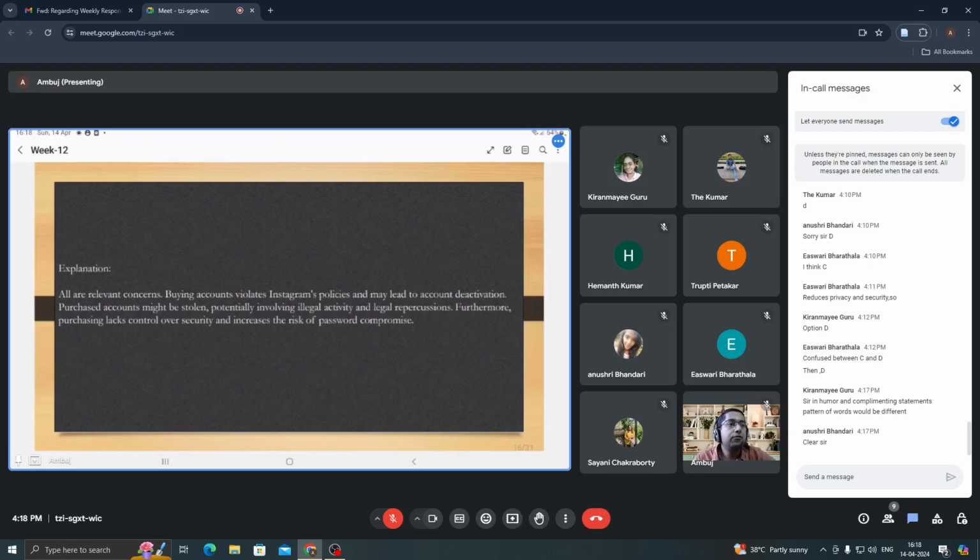If the pattern of words is different, then definitely 100% my neural network training would be there. After training, the network will classify whether the statement is said in humor or not. But the challenge, I am pursuing a PhD. So I read a lot of research papers, I write research papers.